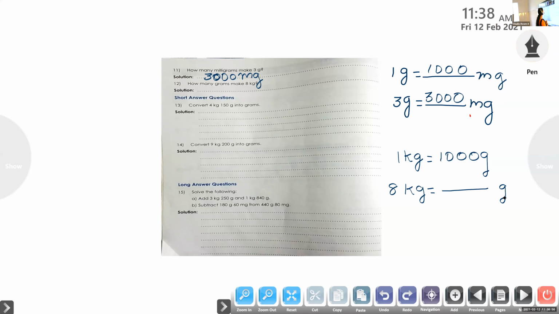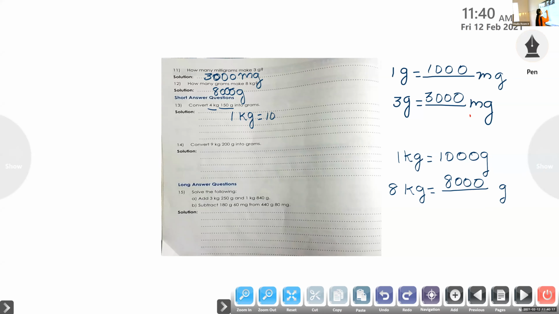Next question in words, as we did in the length questions. Here, we have to convert 4 kilogram 150 grams into grams. Here, 150 is in grams itself, so let it be there. 4 kilogram we have to convert to grams. To convert 4 kilogram to grams, 1 kilogram is equal to how many grams, my dear Arav? 1000 grams.